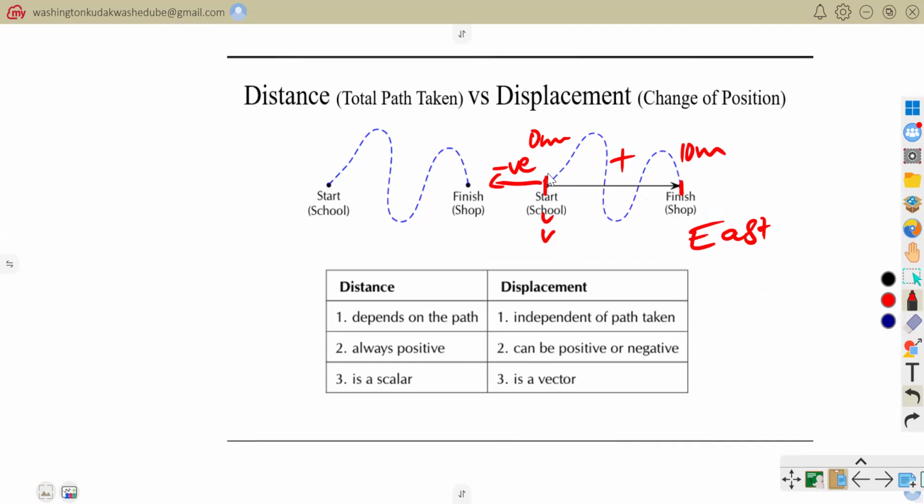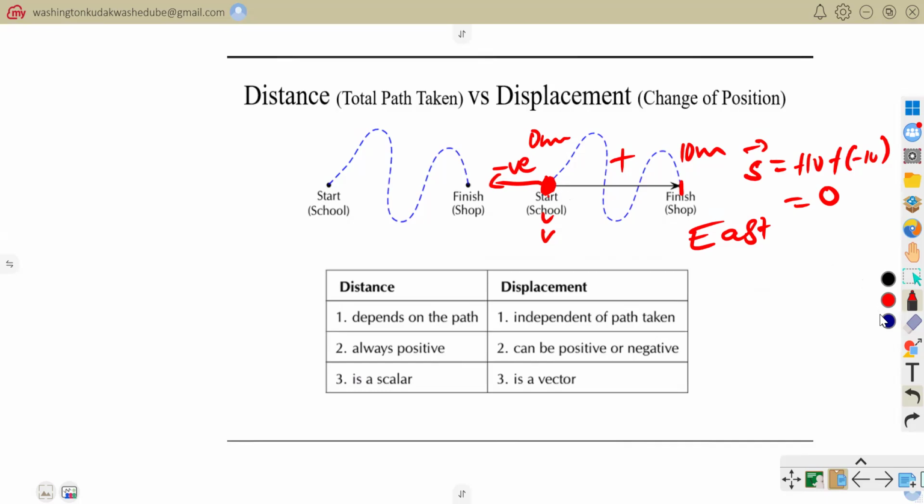So that if I had moved from school to the shops and then came back to the school, it simply means that my final displacement, which we usually represent by S, is going to be equal to positive 10 plus a negative 10, which will be equal to 0. So I haven't been displaced. My initial position is still the same as my final. So displacement there is 0 if I had moved from school to the shops and back to the school.